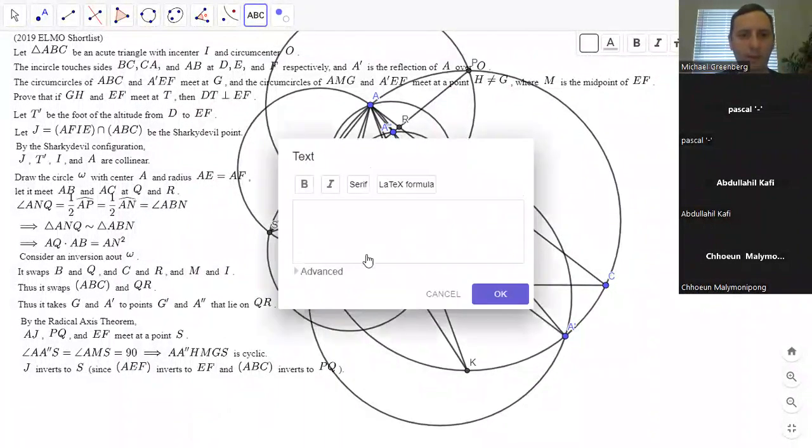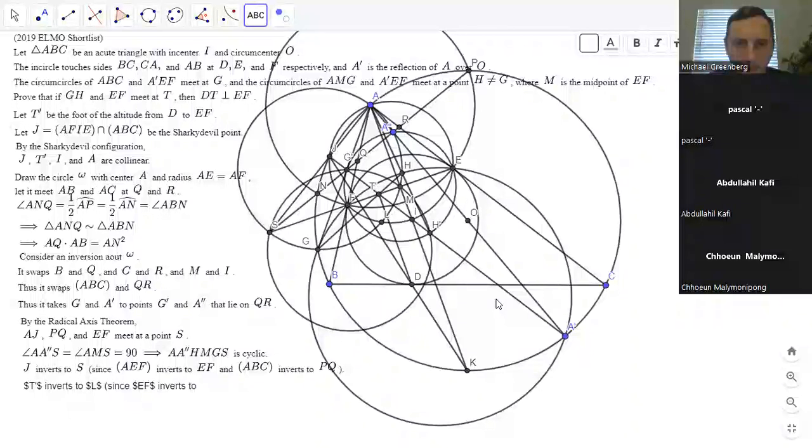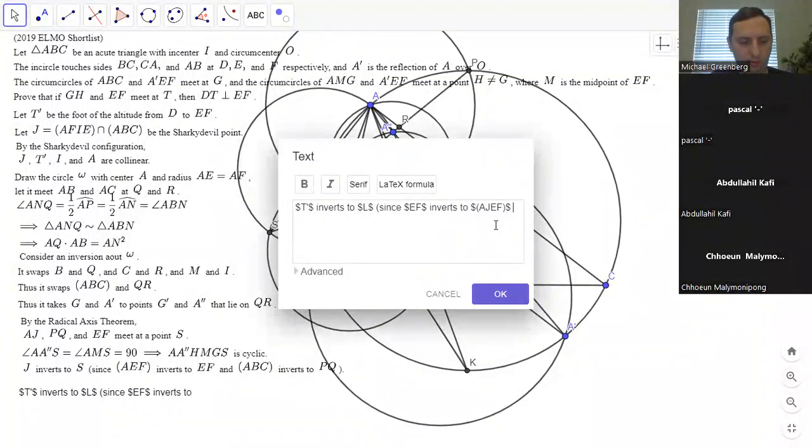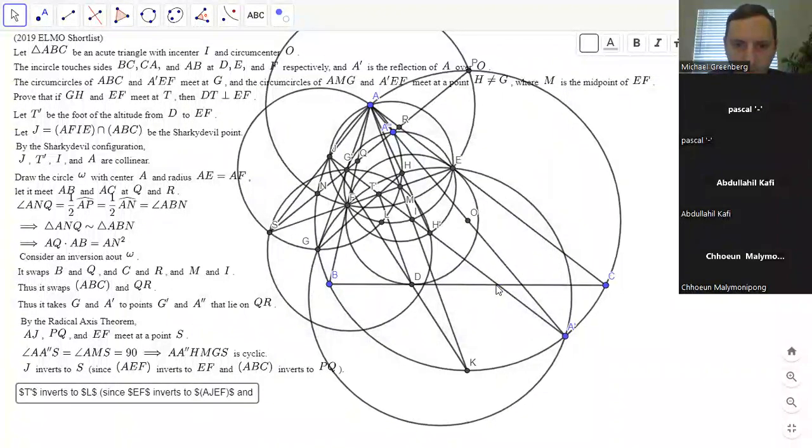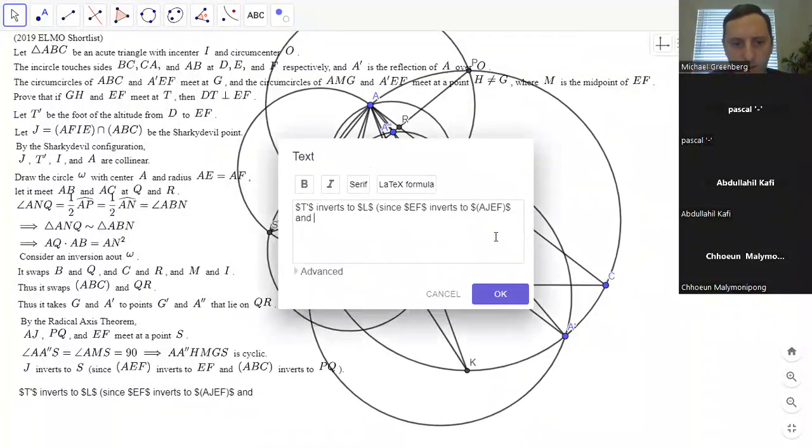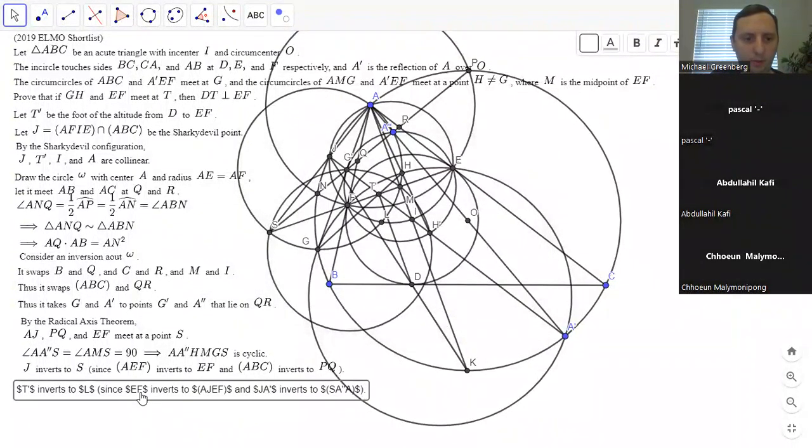We can show T prime inverts to L because EF inverts to the circle AJEF, and JA prime inverts to SA double prime A. Okay. So this means that A, T prime, and L are collinear.